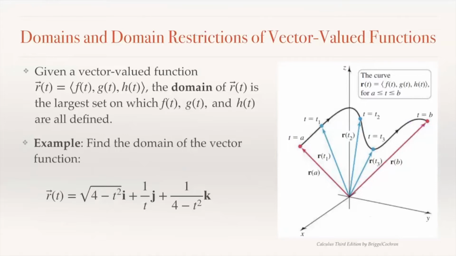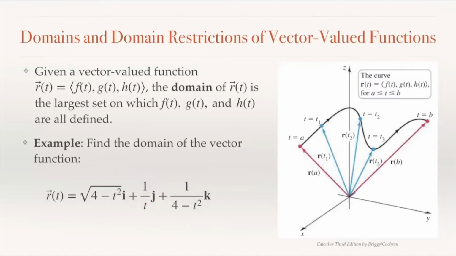So let's do an example. Let's find the domain of this vector valued function. So no domain is specified here, and that means that by default, it is going to be the largest set on which all of these coordinates are defined. You can see that some of these coordinates are not defined for some t, like 1 over t, that's not defined when t is 0. So automatically from this part, we know that 0 cannot be in the domain.